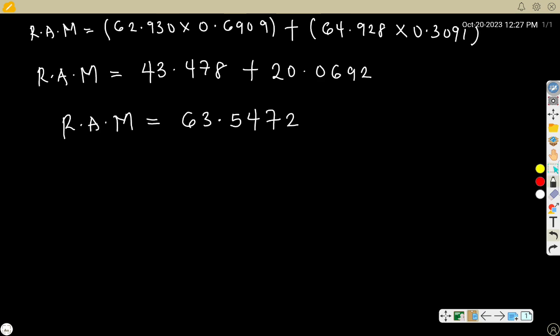We can approximate this to 63.5. So that is your relative atomic mass.